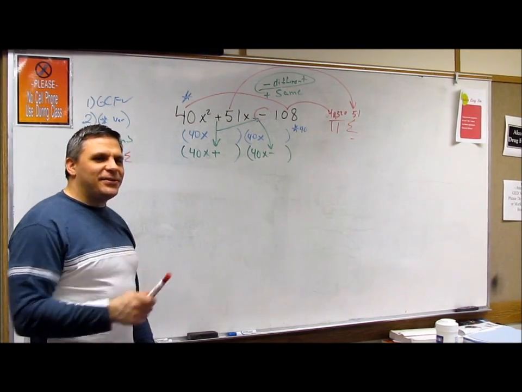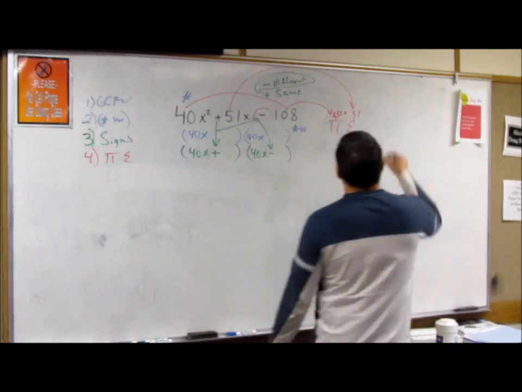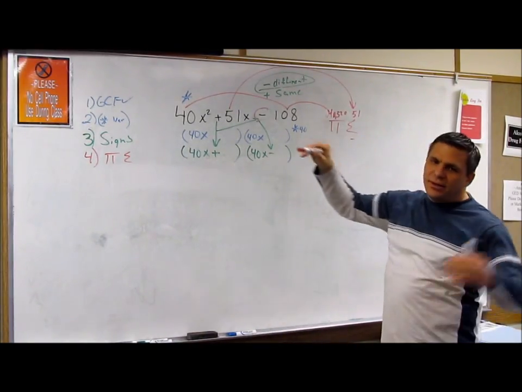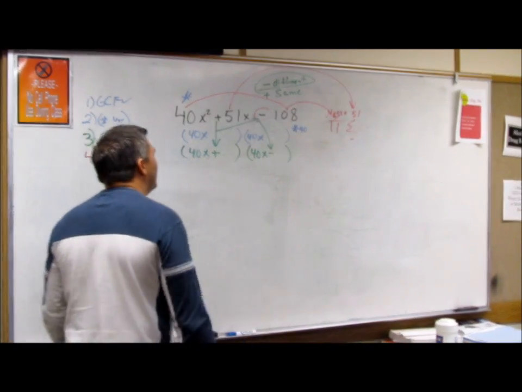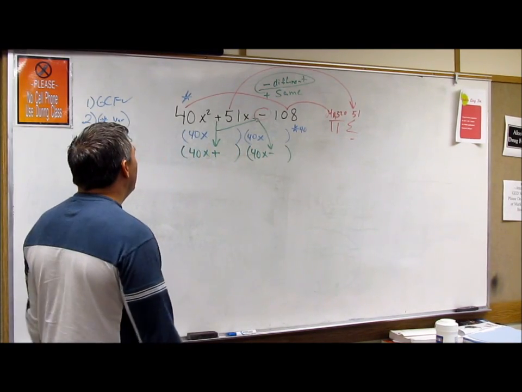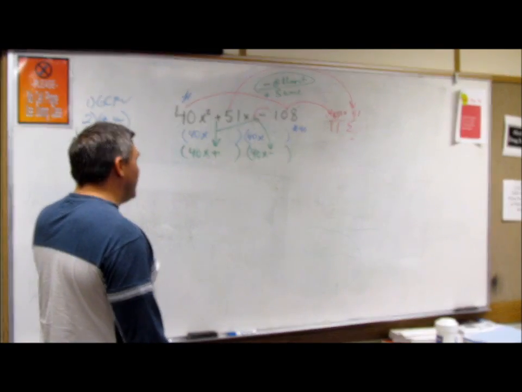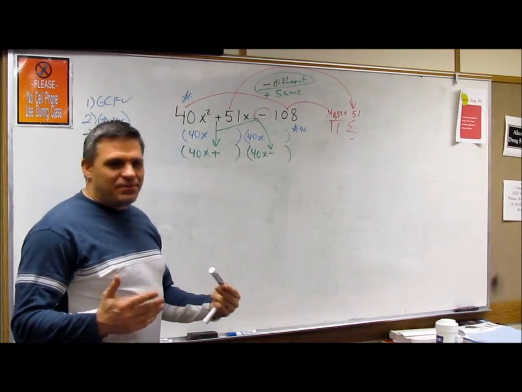Now, if we're finding a difference, that means we're going to find two numbers that are 51 apart from each other but multiply to be this. Right off the bat, when I've got these big numbers, I use numbers that are simple.